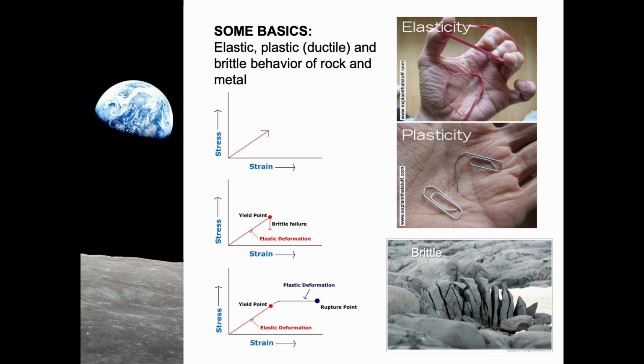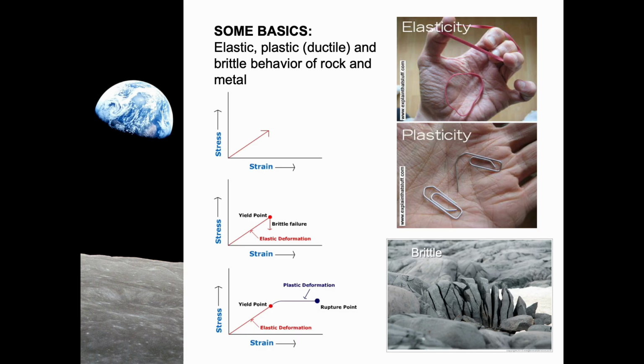So you have a big fracture. So your object is in its original shape, but now it has a fracture in it, separating it into multiple pieces. With plastic deformation, you have the same sort of thing, the same yield point, but instead of breaking, your object deforms permanently into a different shape, just like that paperclip does.